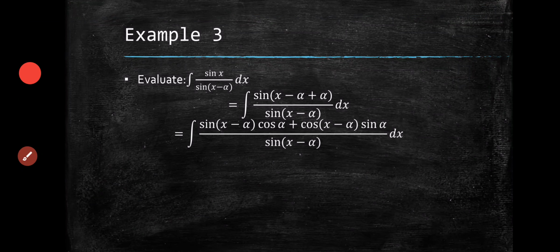If we apply it, this is what you get: sine of x minus alpha into cos alpha plus cos of x minus alpha into sin alpha. Now let us divide. If we divide, sine x minus alpha gets cancelled, so we are left with cos alpha on one side. On the other side I have cot of x minus alpha into sin alpha. So this is what we have.